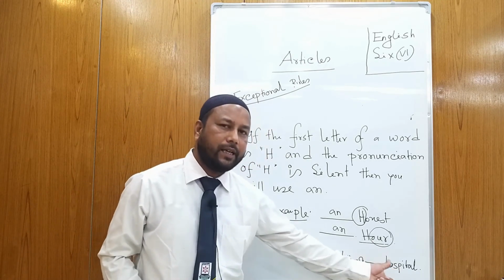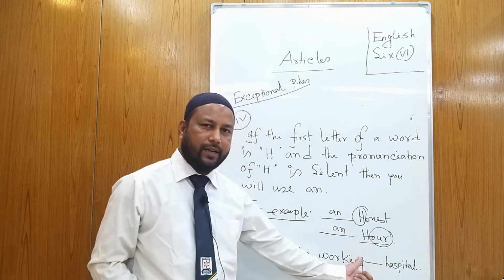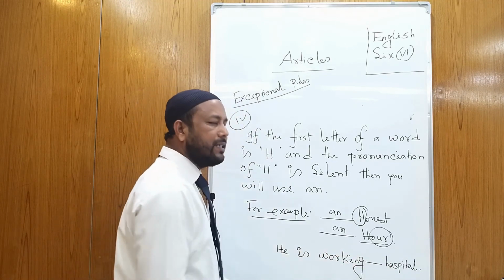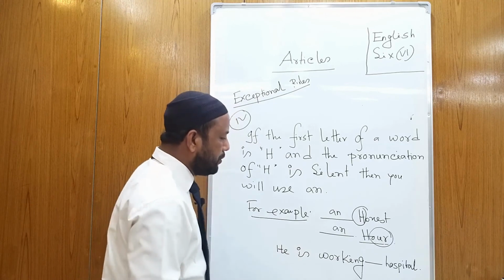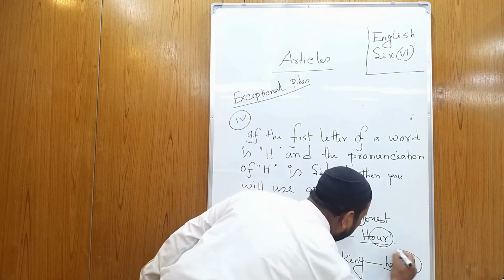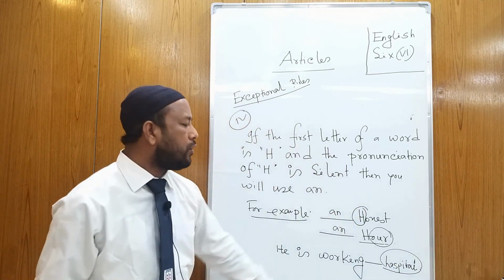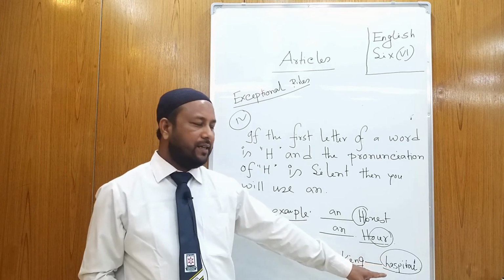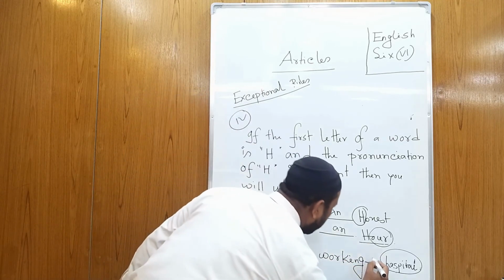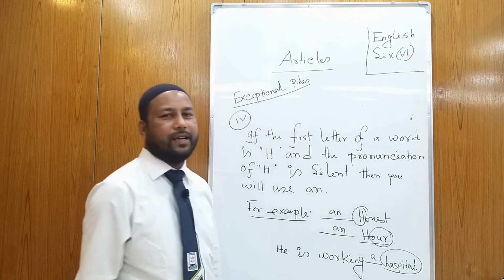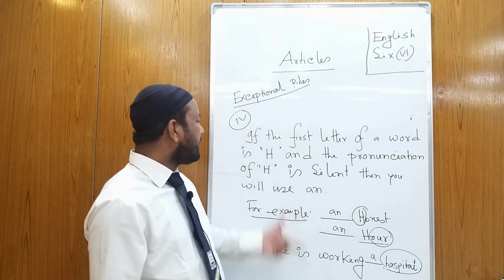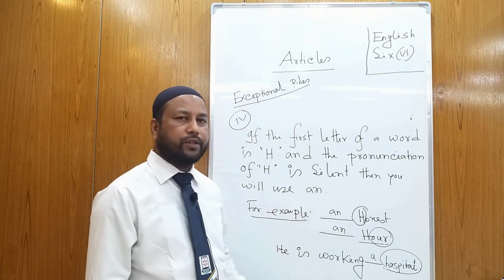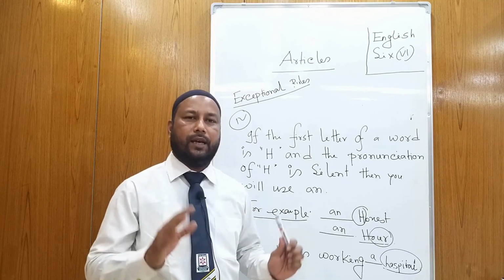What kind of article do you use here, "a" or "an"? I think there is confusion here. I will clear it up for you. Here, if you pronounce this word, it is not "ospital", it is "hospital". That's why we will use "a" here, not "an". I hope you understand both the examples and the rules.